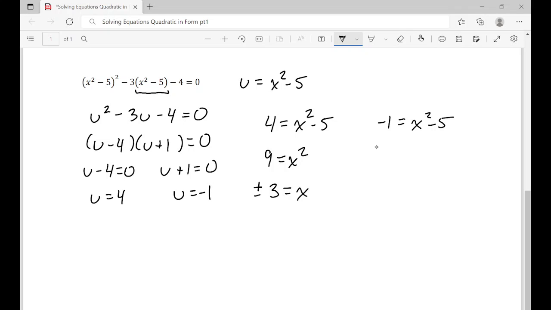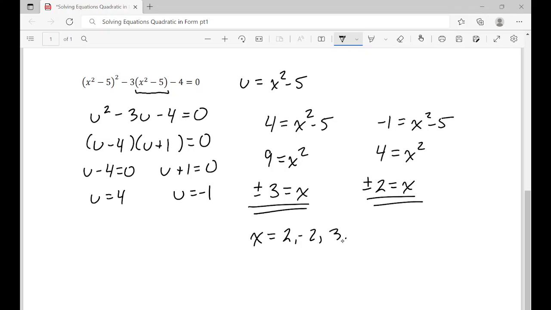Add 5 over, I get 4 equals x squared. Square root both sides, and I'm going to get plus or minus 2 equals x. So I have my solutions here, again 4 of them. You can leave it as such, or if you're so inclined, you can do 2, -2, 3, -3. Again, it's all the same, but that's what you would do.